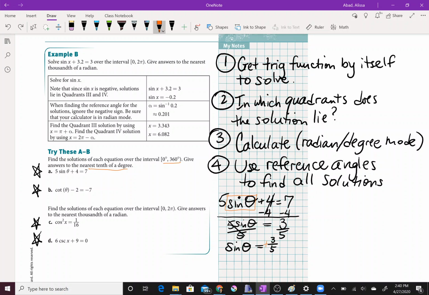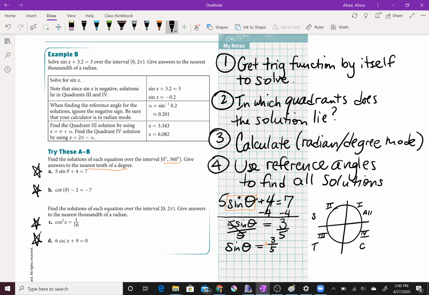With it being positive, let's think back to what we know with our unit circle. And let's remember that these are the quadrants, the way that they're labeled. And we said that all trig functions are positive here. And then we would use that mnemonic, all students take calculus.